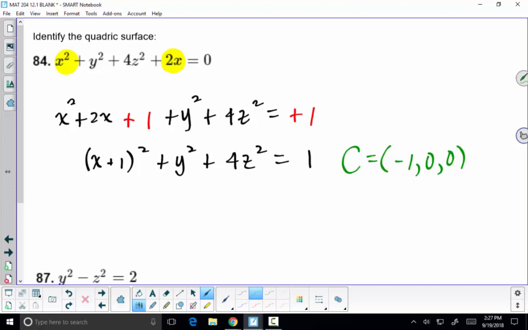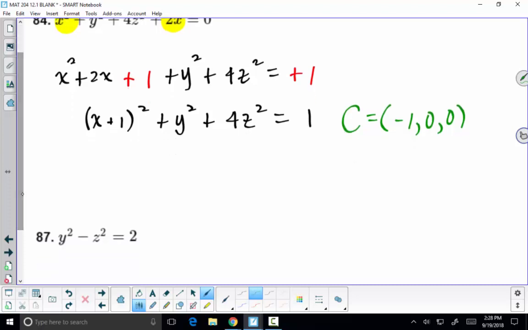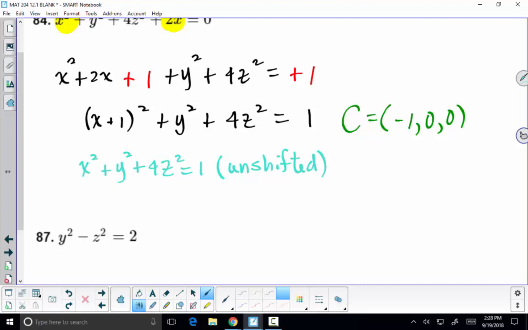Now, if you want to use the trace method, my recommendation is to take away the shift. If you take away the shift, that's where we focused on our traces with our quadrics. Get rid of the shift. So if we boil this down, this would be the unshifted equation.